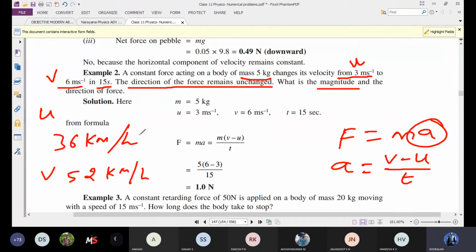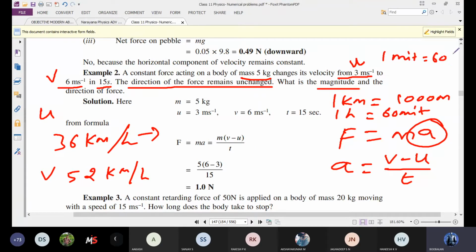You should convert into meter per second: multiply by 5 by 18, otherwise 1000 divided by 3600, because 1 kilometer is equal to 1000 meter, 1 hour is equal to 60 minutes, again 1 minute is equal to 60 seconds. So 60 into 60 means you will get 3600 seconds. So all the values should be applied here.